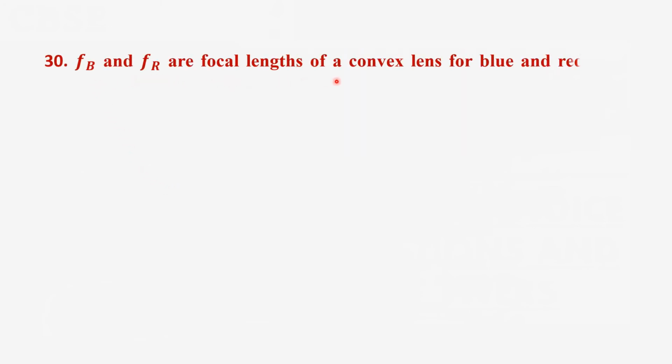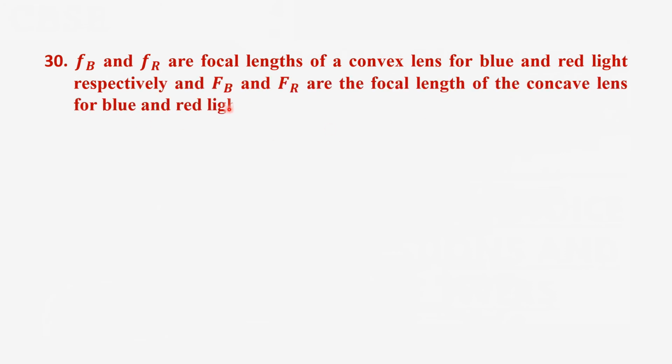Next, fb and fr are the focal lengths of a convex lens for blue and red light respectively, and capital FB and capital FR are the focal lengths of a concave lens for blue and red light respectively. Here small fb and small fr represent the convex lens, and capital FB and capital FR represent the concave lens.